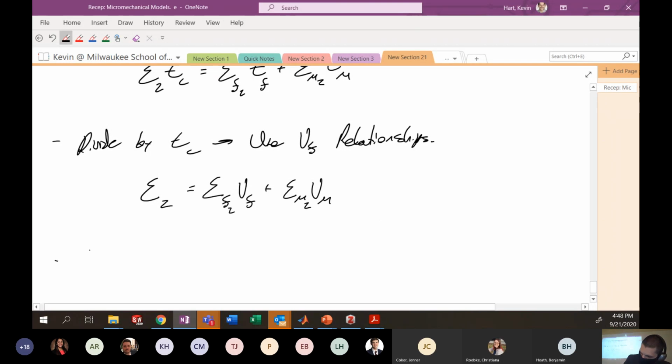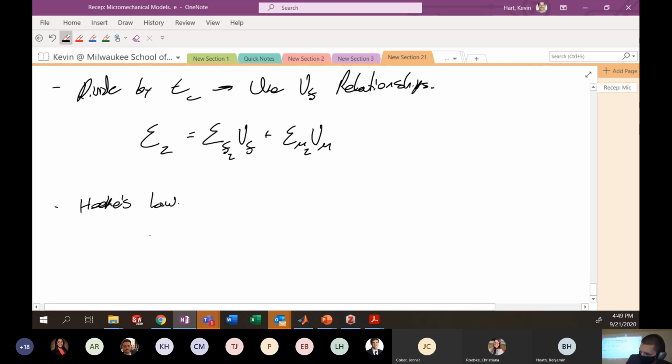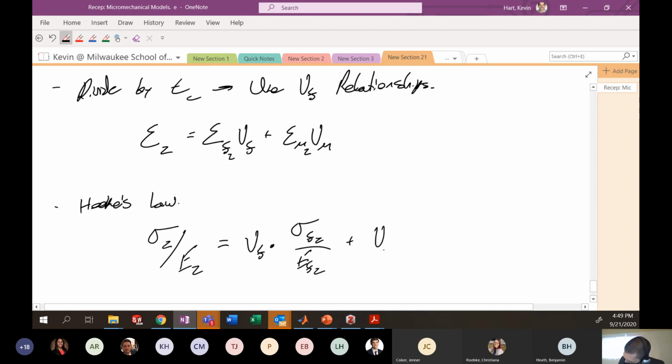All right, now Hooke's law. Stress in the 2 direction over modulus in the 2 direction is the strain, which is equal to the volume fraction of the fiber times the stress in the fiber in the 2 direction divided by the modulus of the fiber in the 2 direction, plus the volume fraction of the matrix times stress of the matrix in the 2 direction divided by modulus of the matrix.